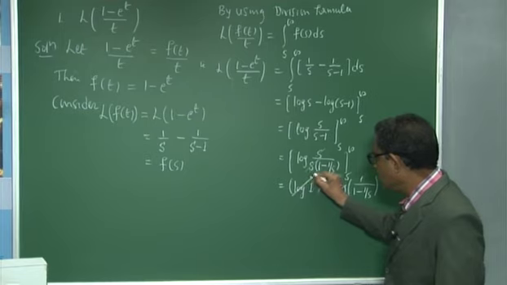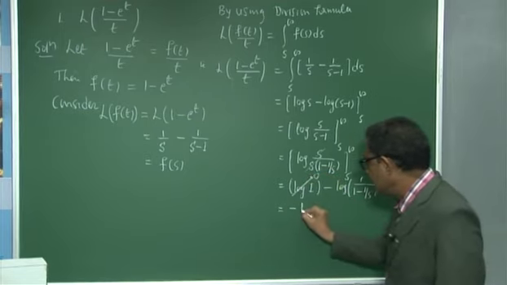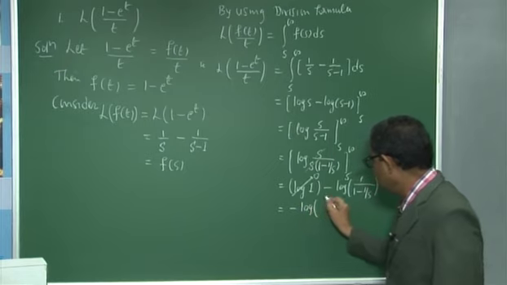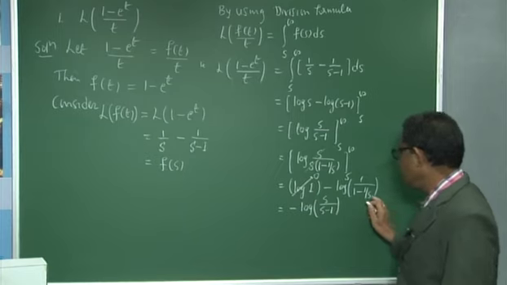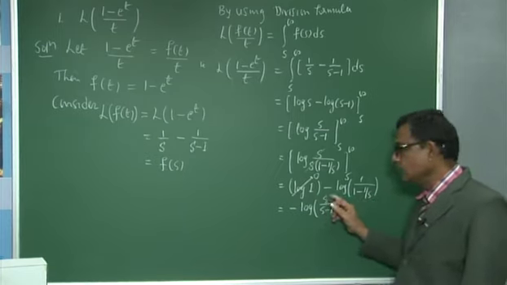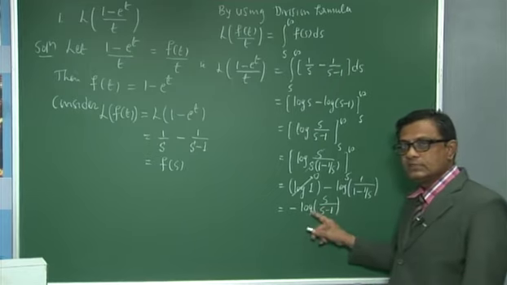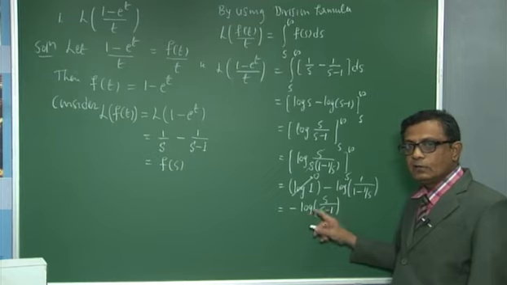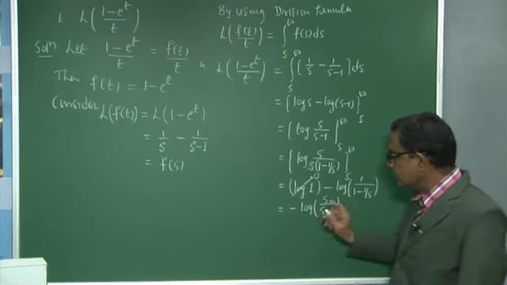Again log 1 is 0, simplify. Now again if you take LCM, log s divided by s minus 1. If you take LCM, s minus 1 by s, s will come into the numerator. And again you can further simplify by using log m minus log n, and here the minus sign is there.